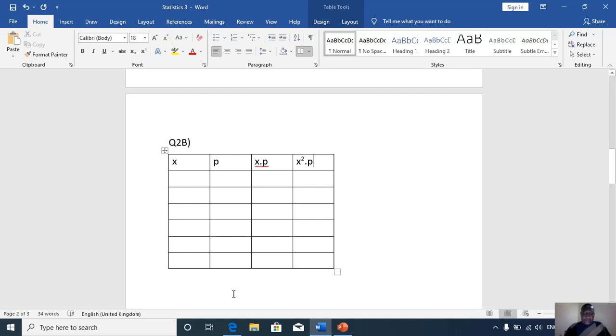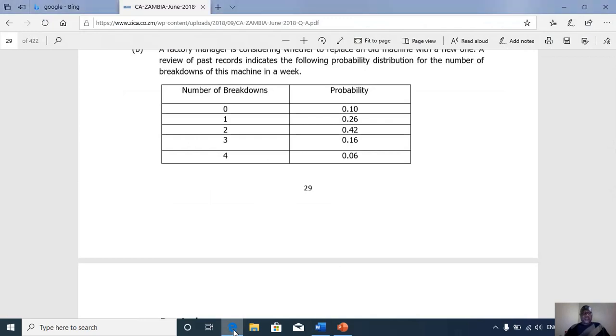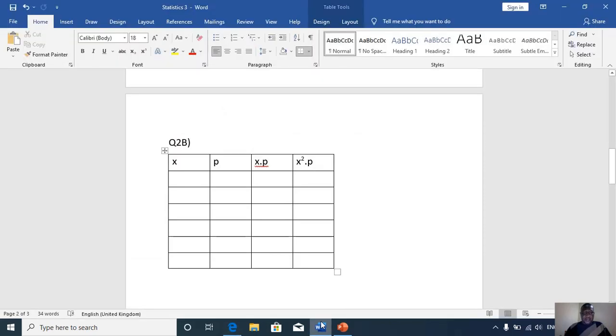Alright, so let's get our x values from the question. So we have 0 up to 4 as our x values, the number of breakdowns. So 0, 1, 2, 3, and 4. We'll keep that last row for our summations.